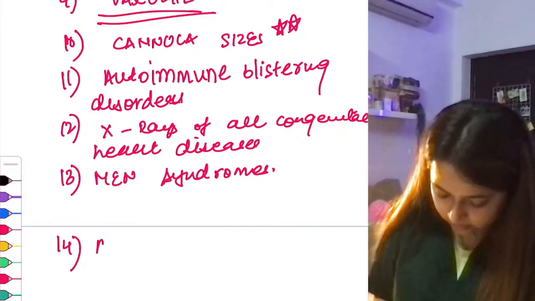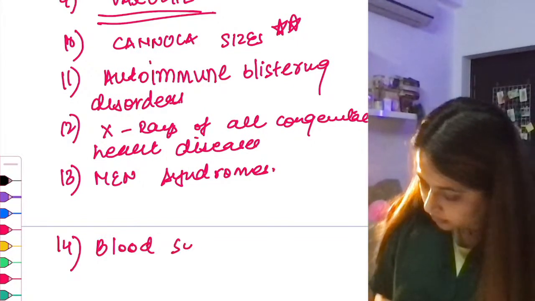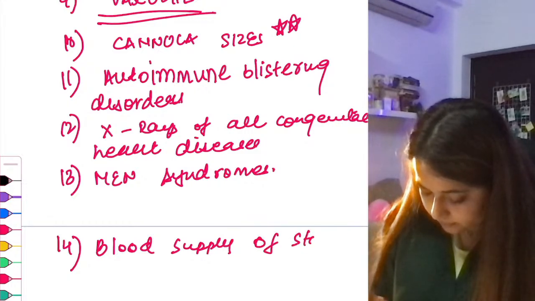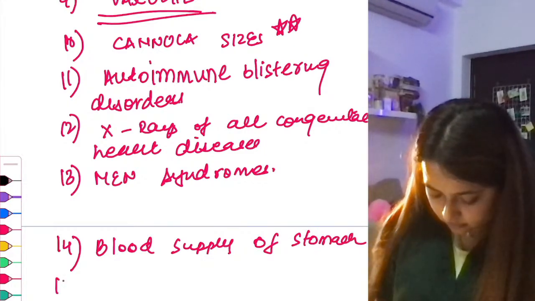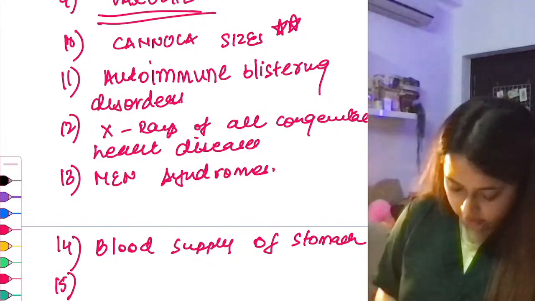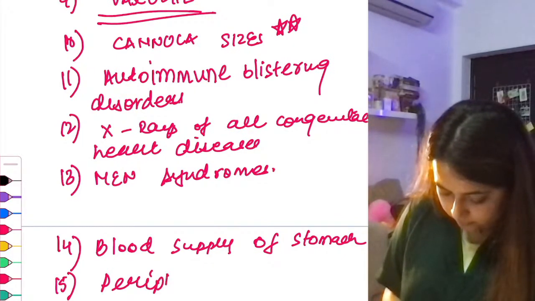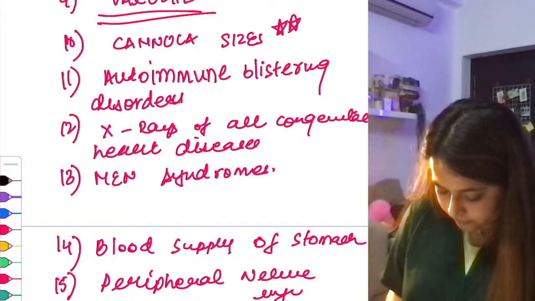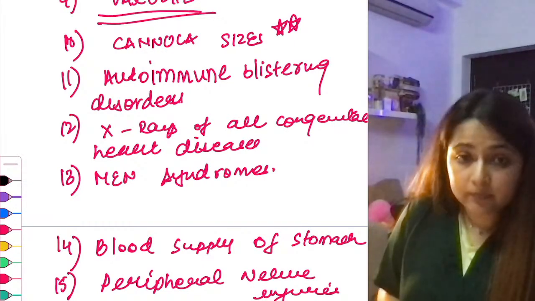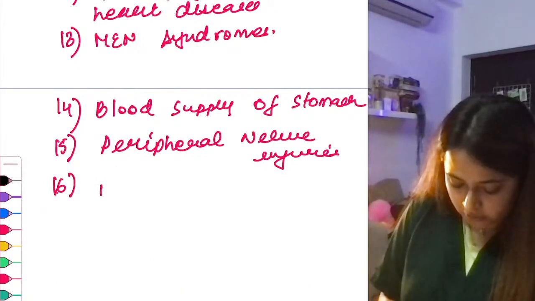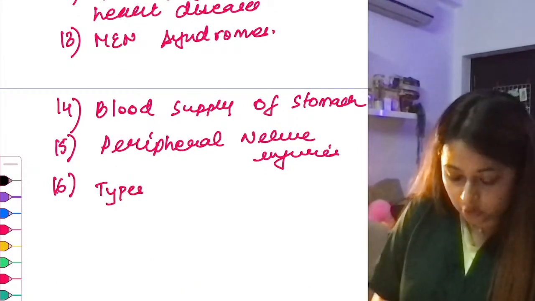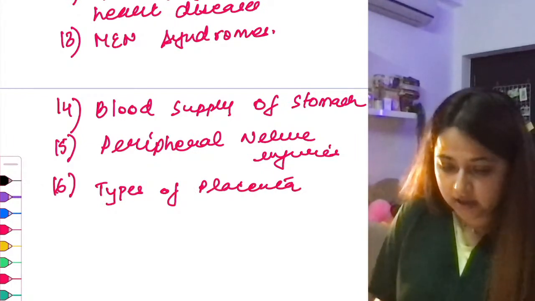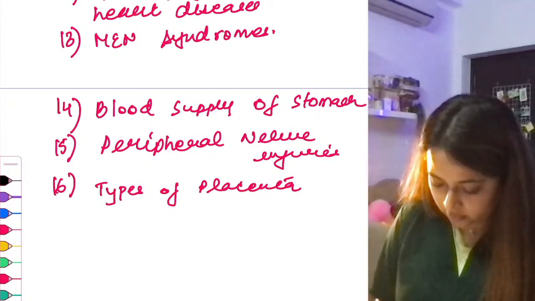Then blood supply of stomach. Then all the peripheral nerve injuries. Then types of placental abnormalities: accreta, increta, percreta, that is very important.